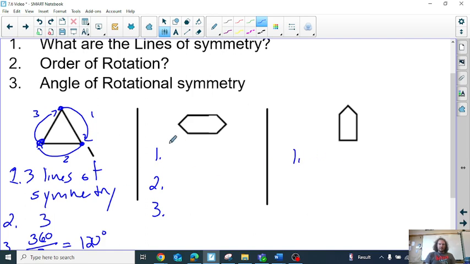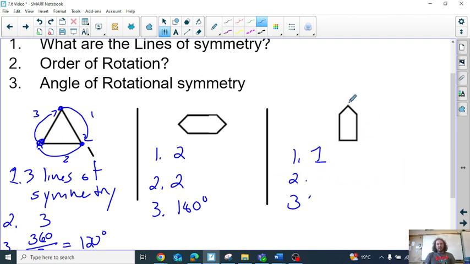So the first one here has 2 lines of symmetry. It has an order of rotational symmetry of 2, and that means that its angle of rotational symmetry is 180 degrees. And then for this next one, it has 1 line of symmetry.